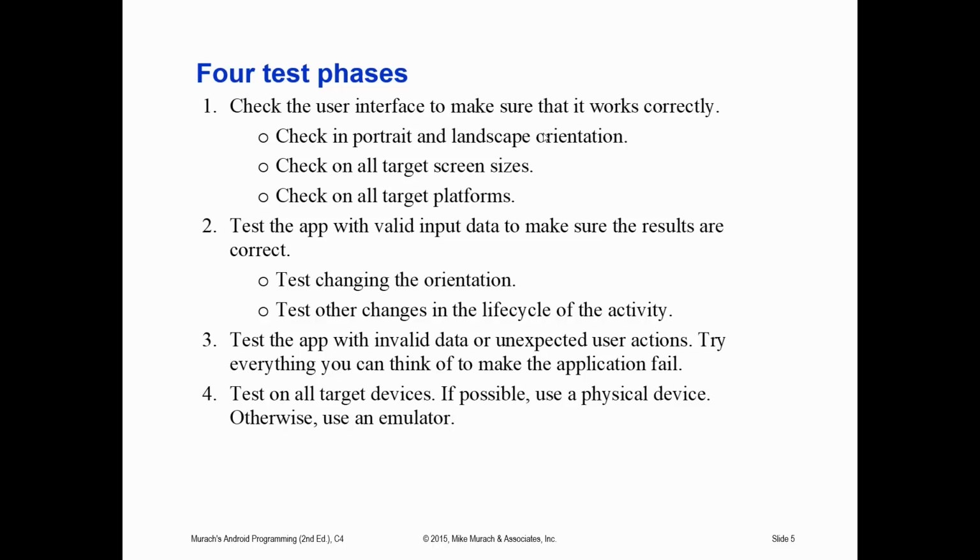Well, the idea is it's much better that you break it than somebody else being able to break it. You don't ever want to put a program out to production and find that your end users break it. You'd rather break it yourself so you can fix it. Finally, you want to test it on all target devices. Ideally, that means you want to test it on an Android phone or phones, on an Android tablet or tablets, and on an emulator.